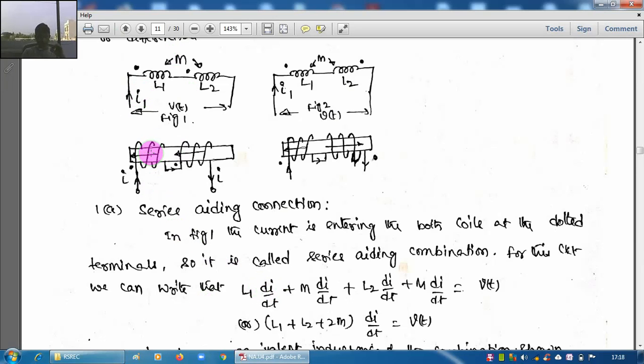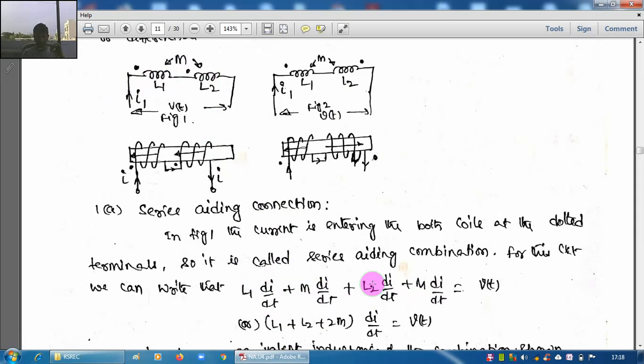So like that, the self EMF of the first coil is that. Next, in this coil there will be mutual EMF due to the second coil, and the inductance is M. As the dot convention is positive, this M must be plus, so we have written plus M. In the second coil also the current is the same, since series connection means the same current flows in the second coil also. So in the second coil also the same current I1, di1 by dt. So that is the mutual EMF. So these two are the EMFs in the first coil.